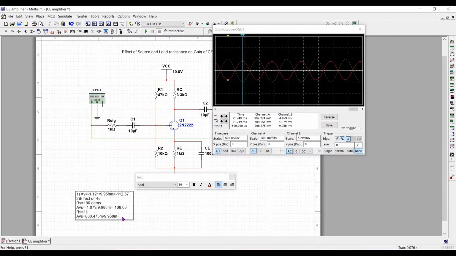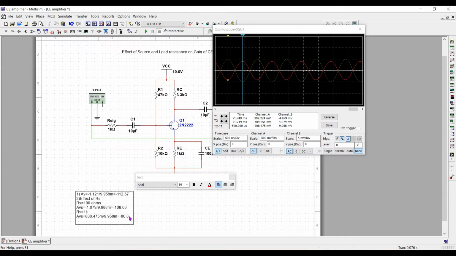So it comes out to be approximately 80.8. So gain is reduced to 80.8. So you can see as the value of source resistance is increasing, the value of gain is decreasing.